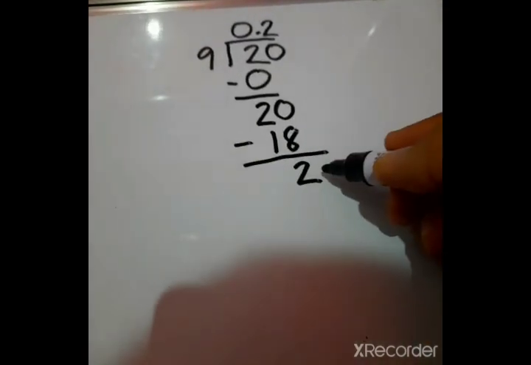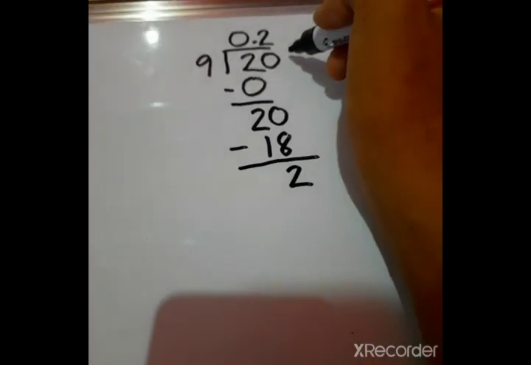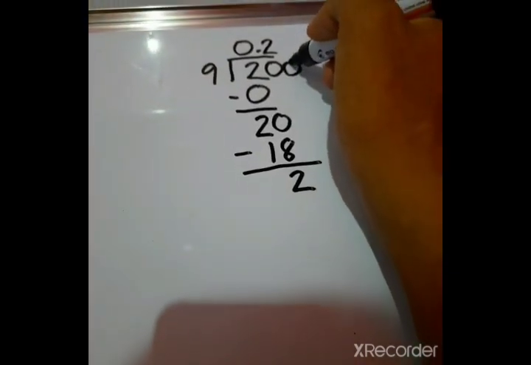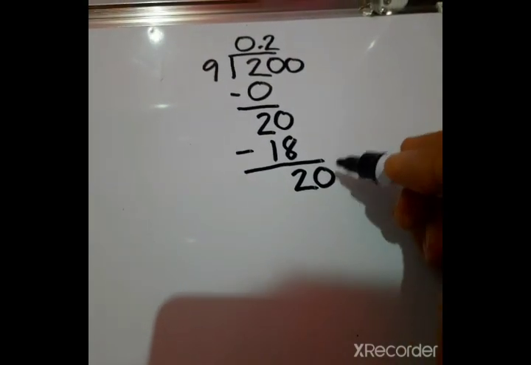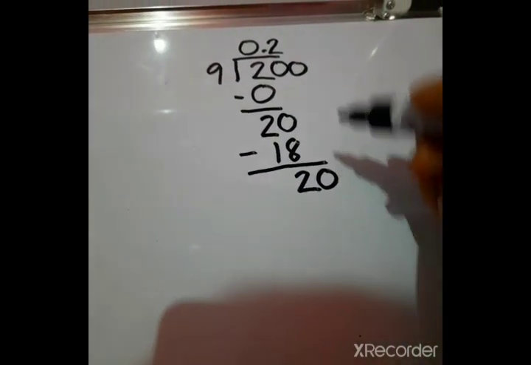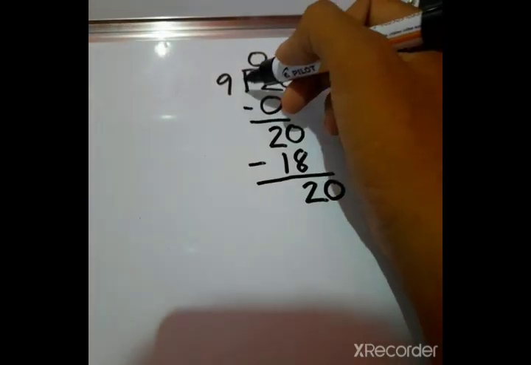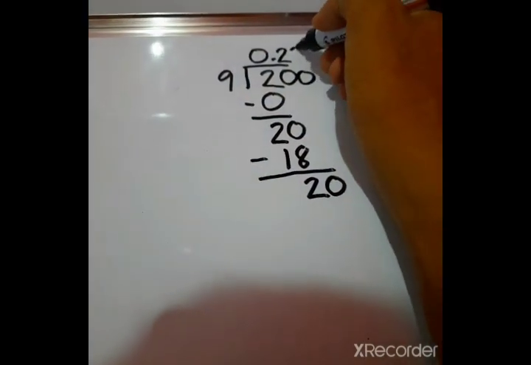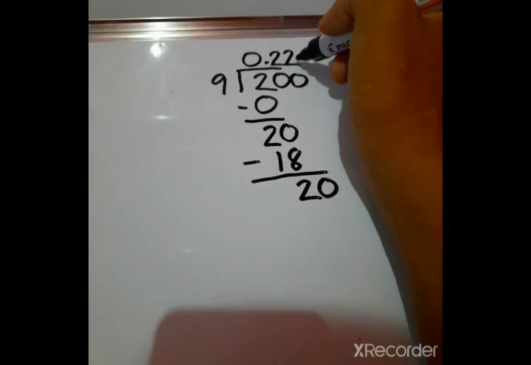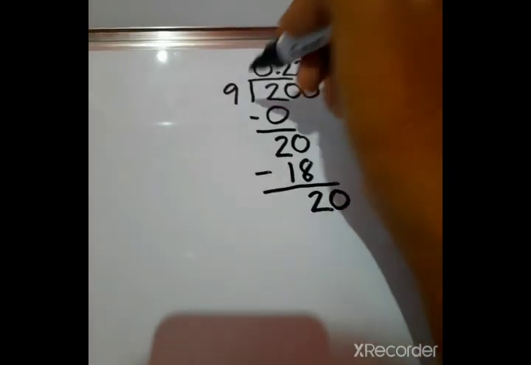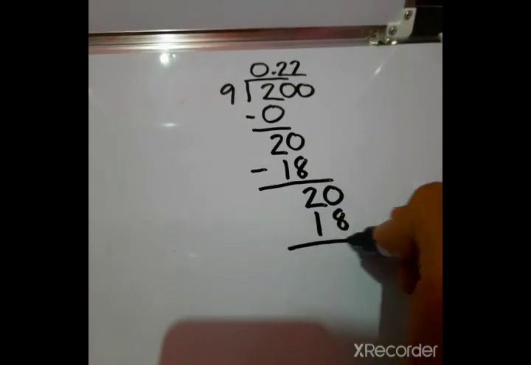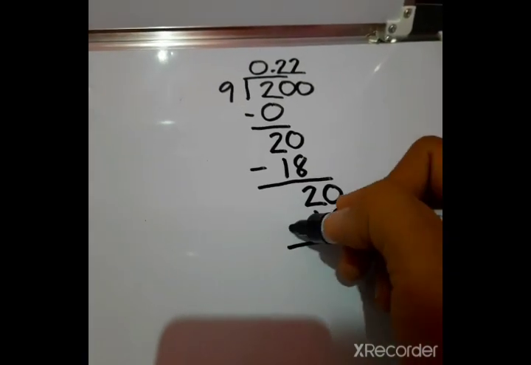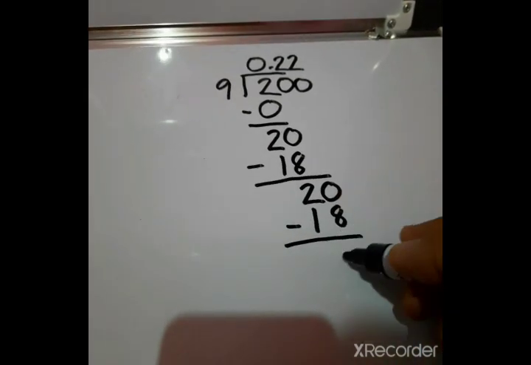So since we have remainder, add another 0. And then bring down. So 20 divided by 9, the answer is still 2. 2 times 9, the answer is 18. So 20 minus 18, the answer is 2.